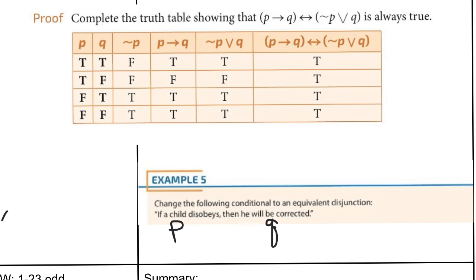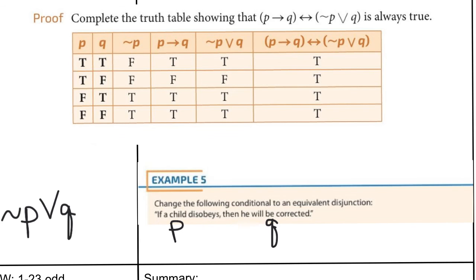So we're looking to change it to not P or Q. So not P: if a child obeys, instead of the word disobeys. A child obeys or he will be corrected.